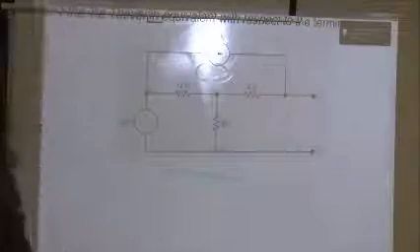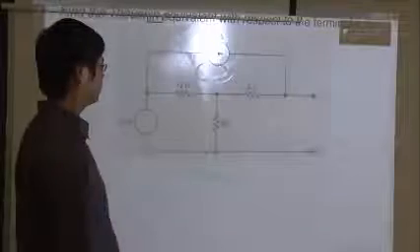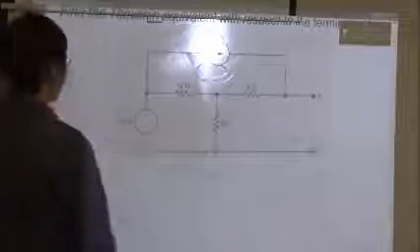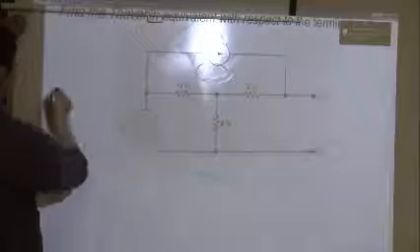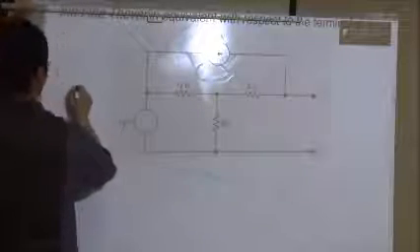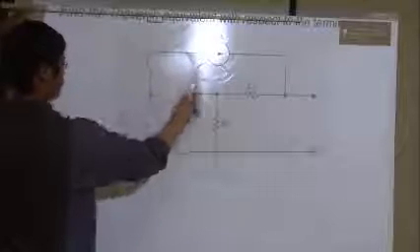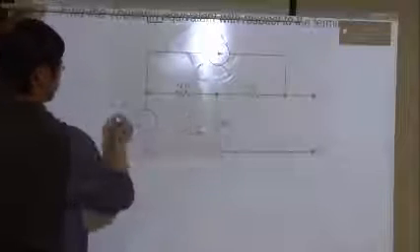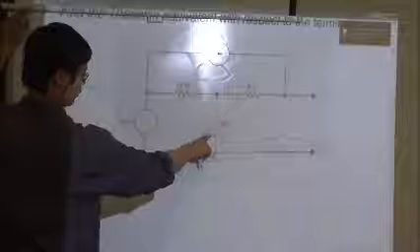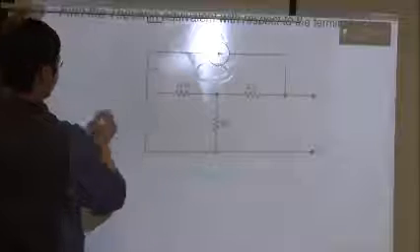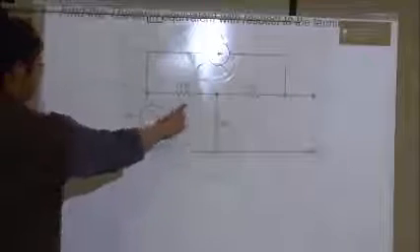This one we don't need to draw because it's already 8 amp. So for loop number 1, this current will be 12 ohm times I1 minus the 8 amp, plus this one. The current going down will be I1 minus I2, plus 6 times I1 minus I2. Okay, so that's KVL for the first loop.